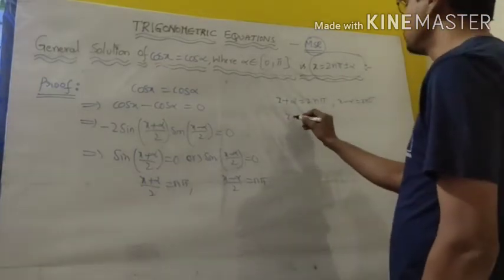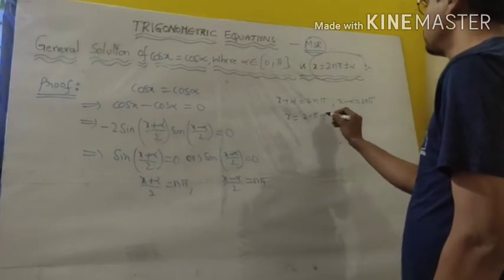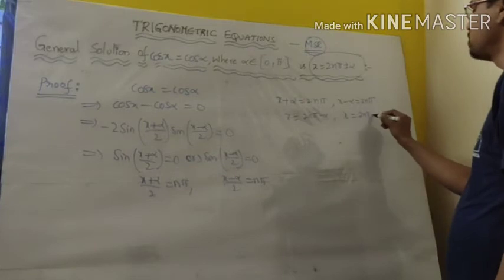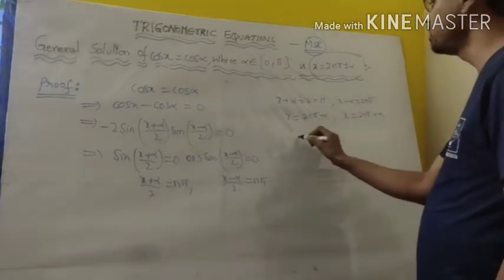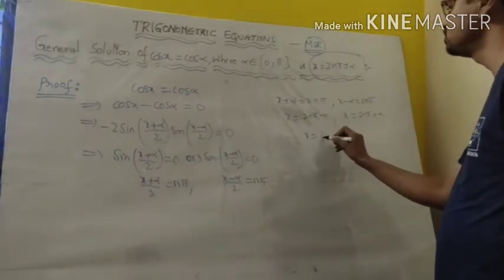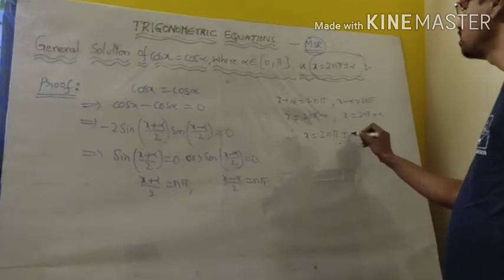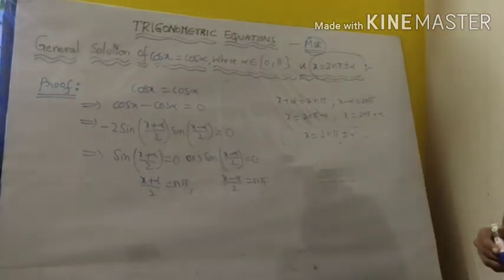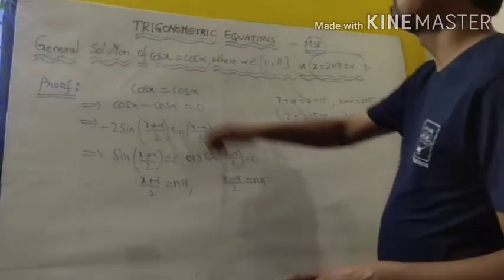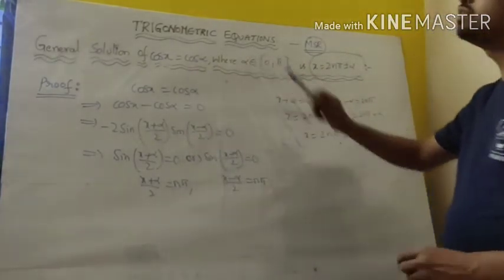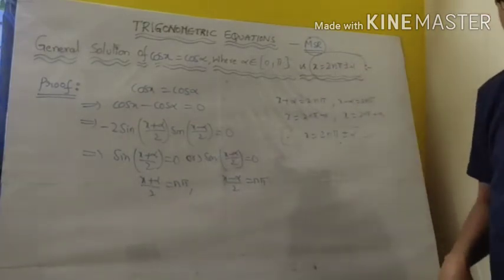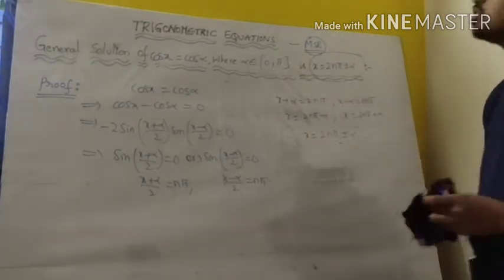So x equals 2n pi minus alpha, and from this x equals 2n pi plus alpha. Therefore, combining the equations, we write x equals 2n pi plus or minus alpha. So that is the general solution for equations of the form cos x equals cos alpha, where alpha is the principal value of cos: x equals 2n pi plus or minus alpha.